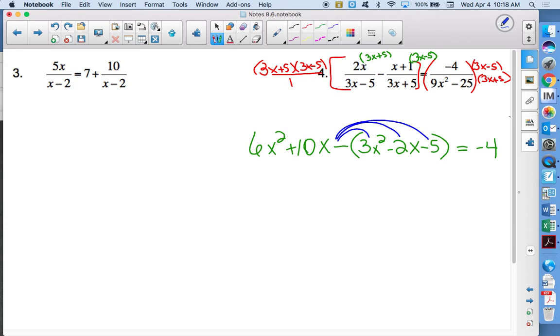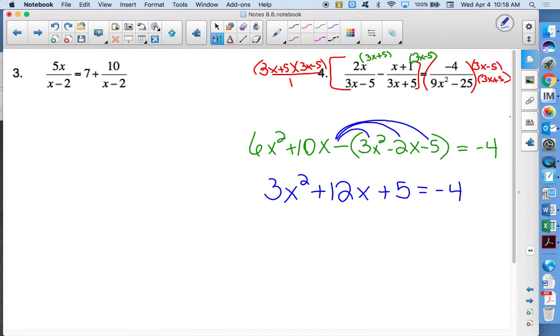And this is where your signs could change with your factoring. So 6x squared minus 3x squared is 3x squared. 10x minus a negative 2x becomes a positive 12x. That minus sign is distributing, so parentheses around that middle piece. And then a minus negative 5 turns it into a plus 5.